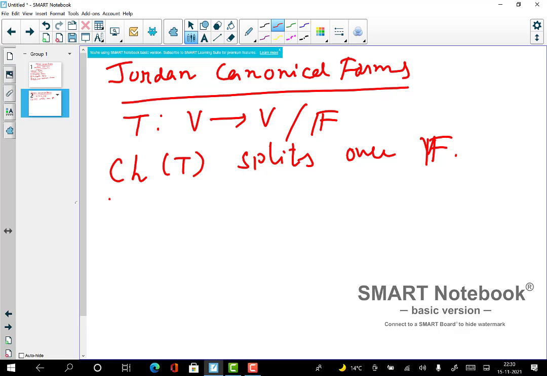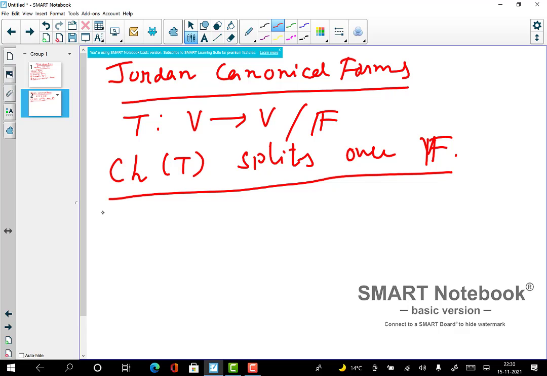In this case, there are many options. T can be diagonalizable or not.